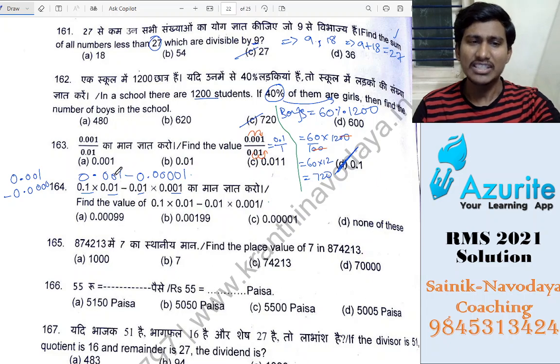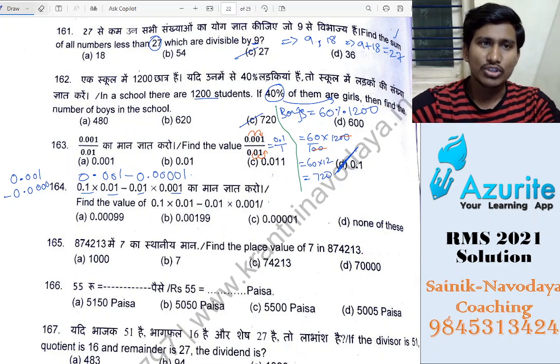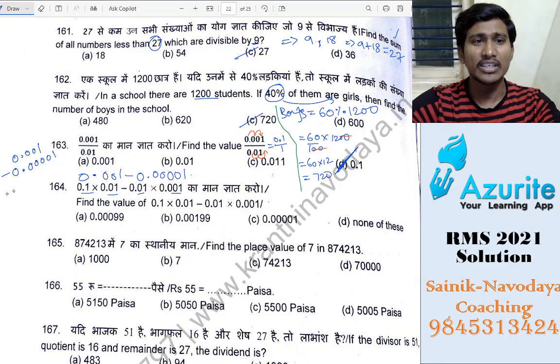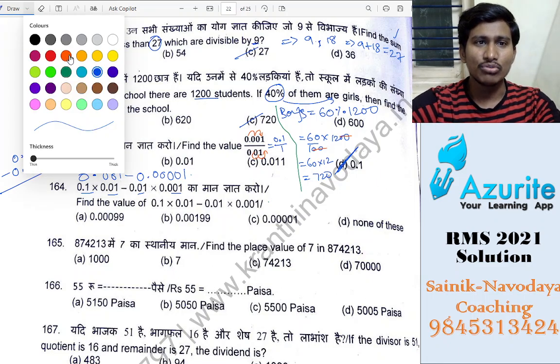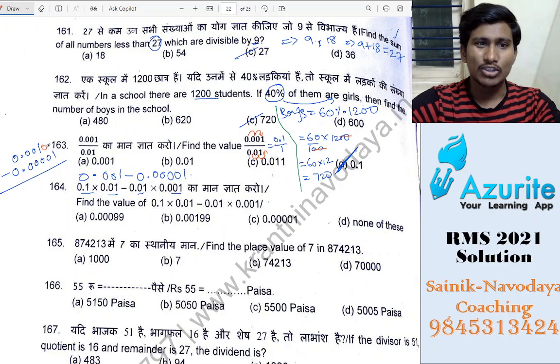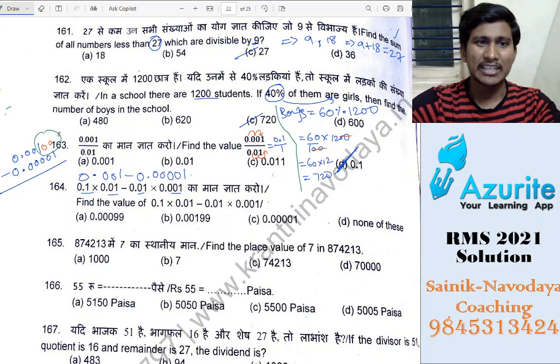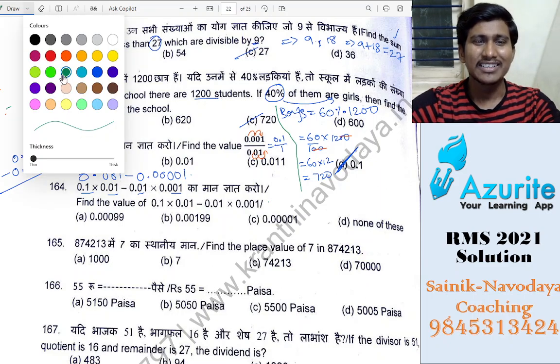The bigger one is 0.001, minus 0.00001, that is 4 zeros and 1. Nothing there means we take 0. It looks like 100 minus 1, which is 99.